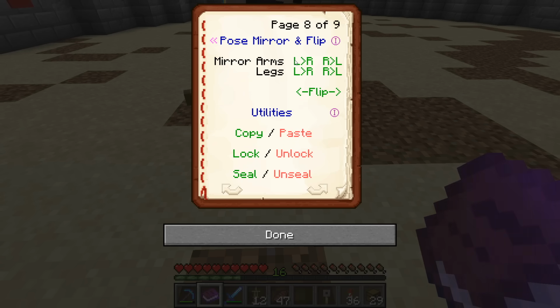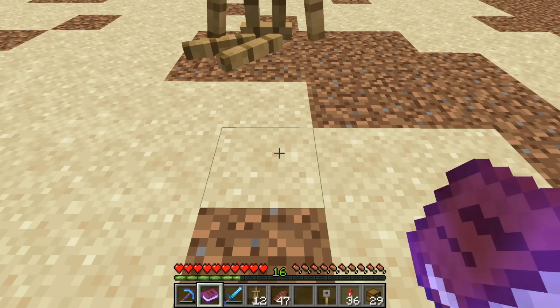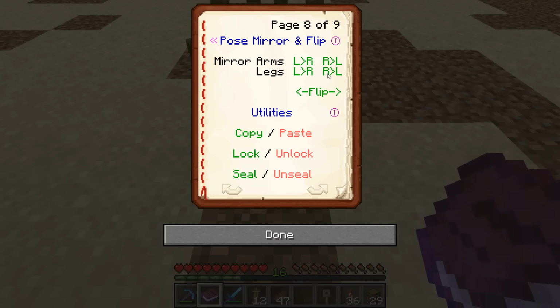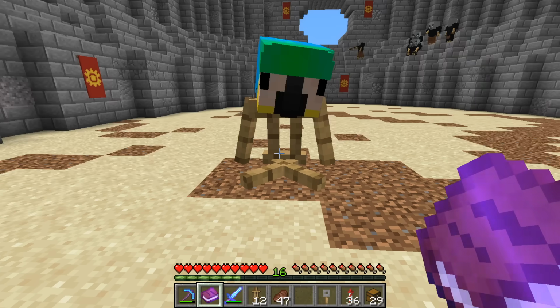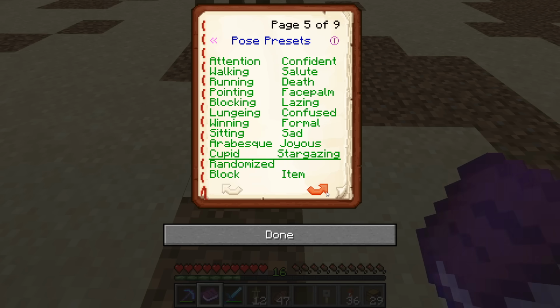So I can copy the left arm position to the right arm position. And you can see it's now mirrored that one. And if I do the legs, I can change the left leg to the right leg position. And you can see it's just mirrored it. Okay. Let's get back to lazing.